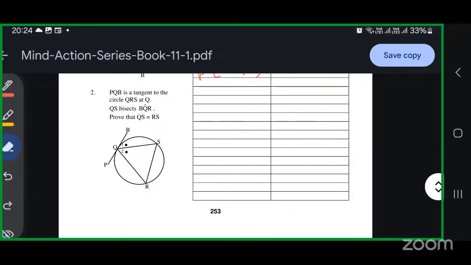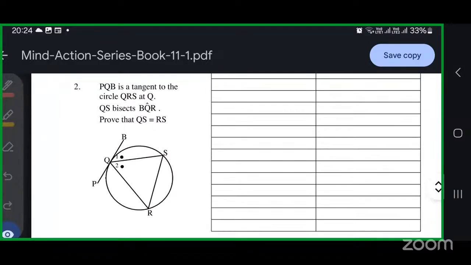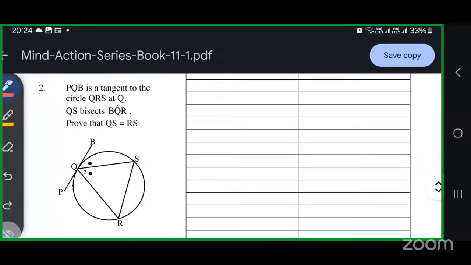Now you are saying these angles are equal: angle Q1 is equal to angle R. What's the reason behind that? The tan chord theorem. The tan chord theorem, 100% correct.